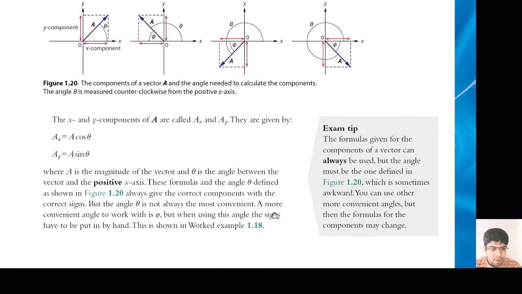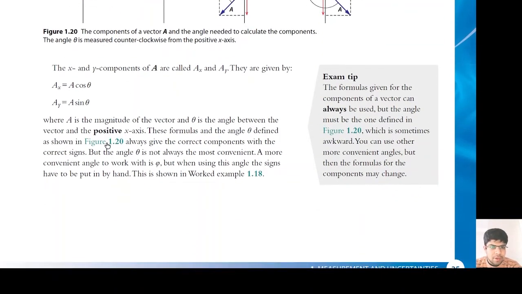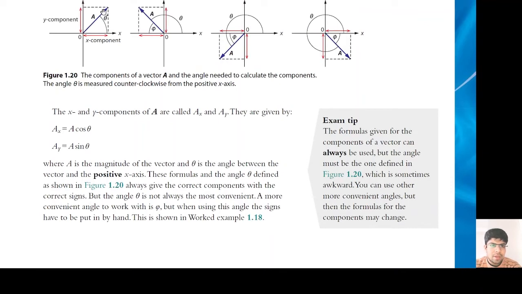Here A is the magnitude of the vector and theta is the angle between the vector and the positive x-axis.